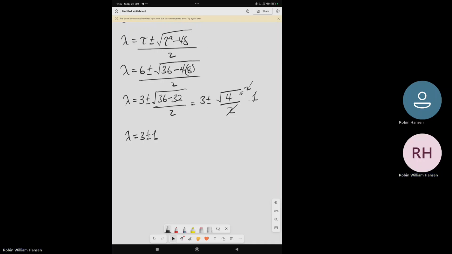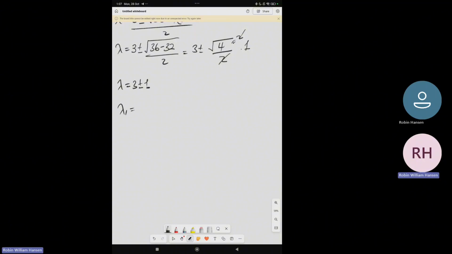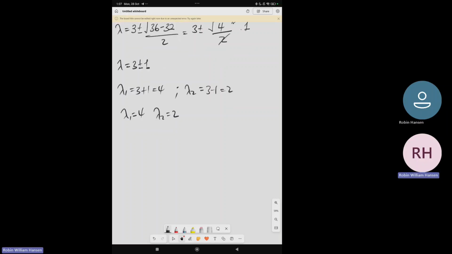Okay. So our lambda 1 will be 3 plus 1, which is equal to 4. Lambda 2 will be 3 minus 1, which will be 2. So in all, our lambda 1 is equal to 4, and lambda 2 is equal to 2.